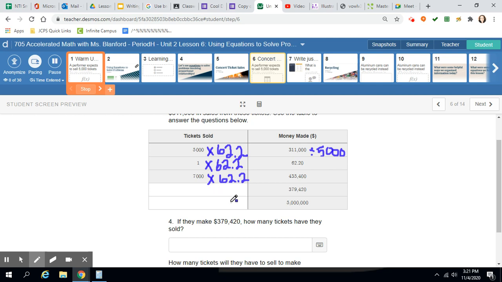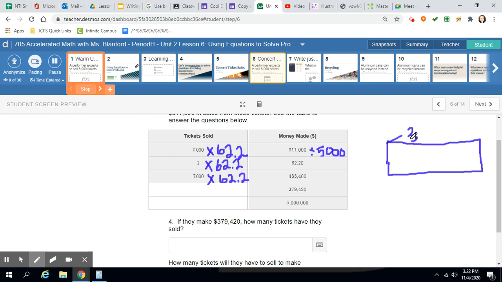So I know from these, when we take this number and we multiply it by the $62.20, we get the money made, right? In this case, they're telling us this. Here's all the money we made.